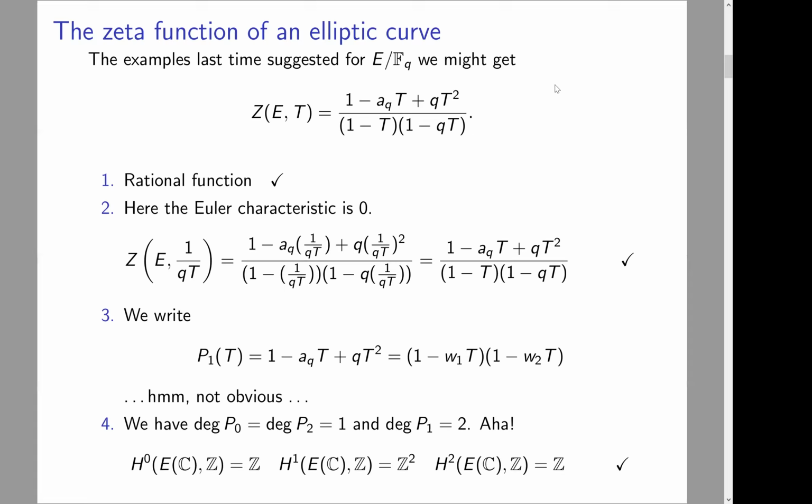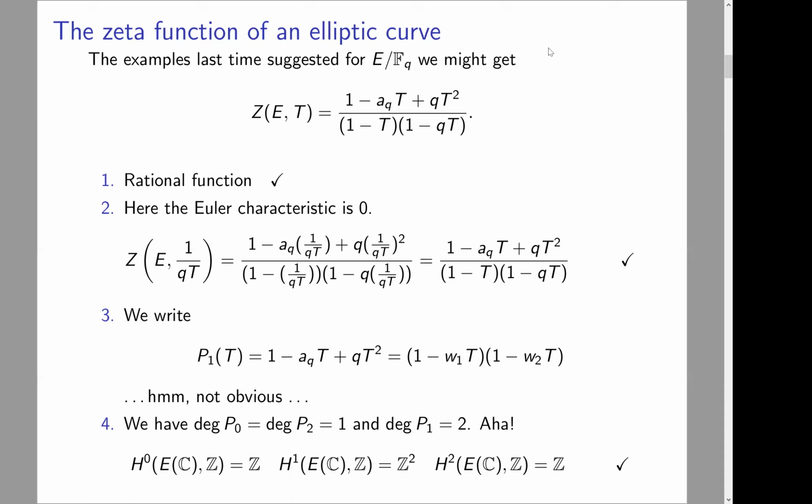The numerator was a single quadratic, 1 minus a_q t plus q t squared, where a_q was some quantity, and q is the cardinality of the base field. And then the denominator had these two linear factors. What was a_q again? It was the difference between the point count of E over F_q, the rational points over the base field, and 1 plus q.